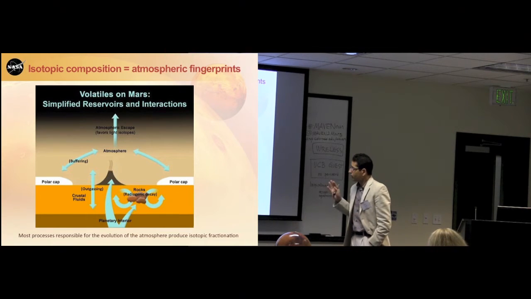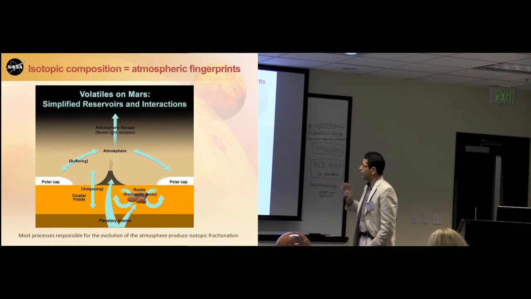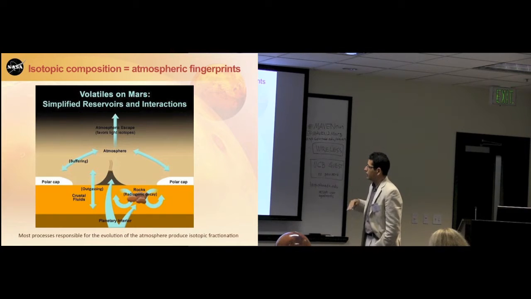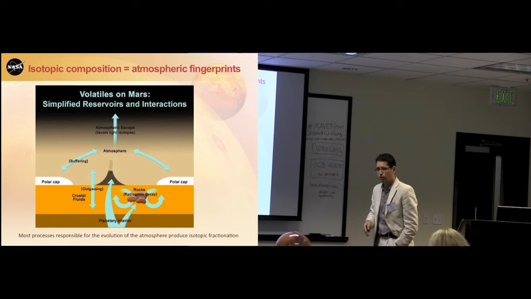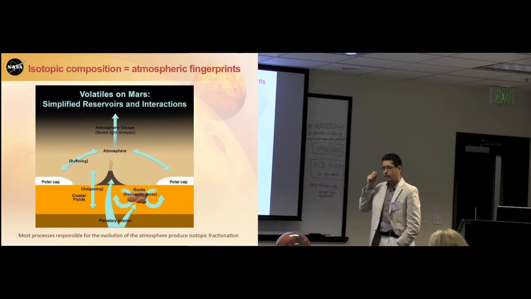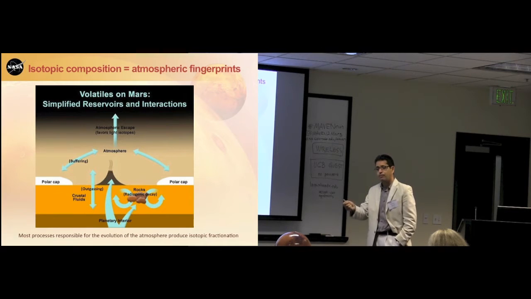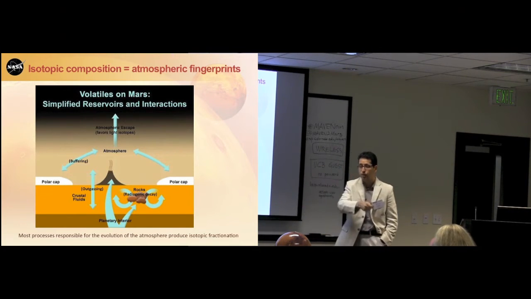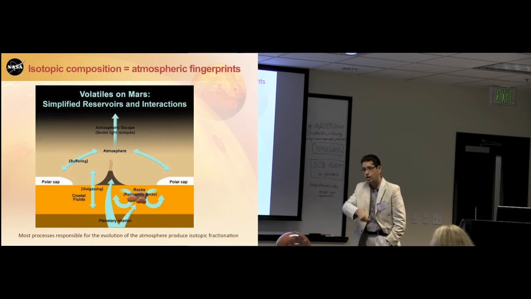And so every process that interacts with the atmosphere and changes the atmosphere happens to leave a fingerprint, by fractionating the isotopes, by privileging one member of the isotopic family against another.